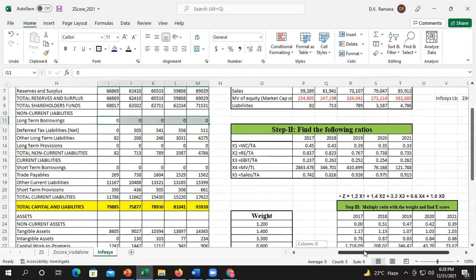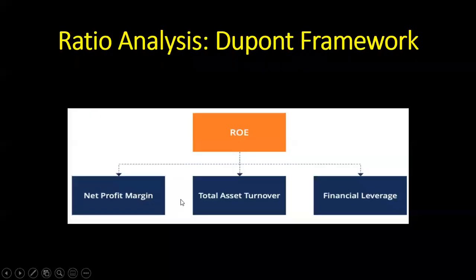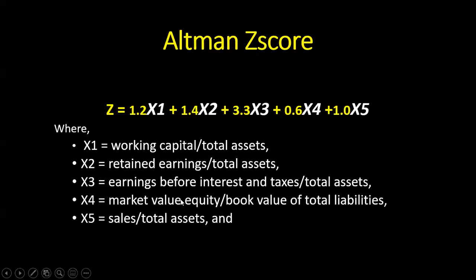However, we should also remember that just by observing two companies' data, it may not be possible to say that Z-score is relevant for India, is applicable. But at least it is able to show that a company which is not doing well is in a distress zone, and a company which is doing well is in a safe zone.